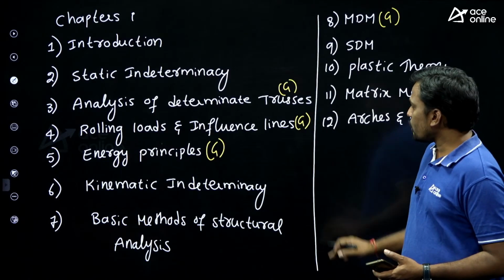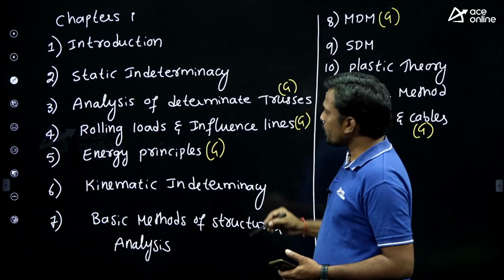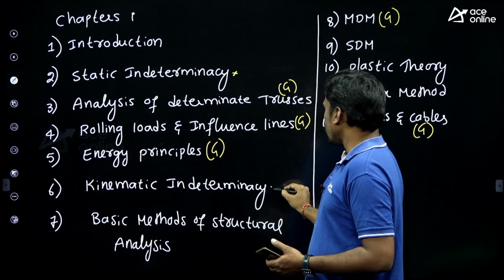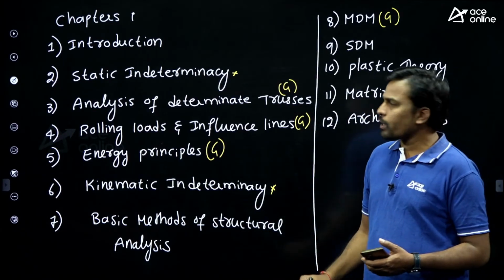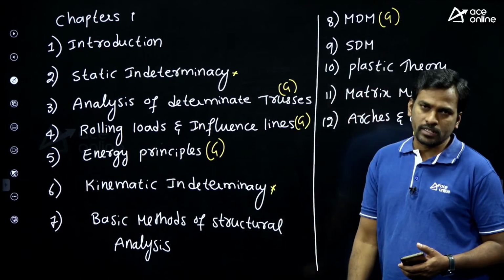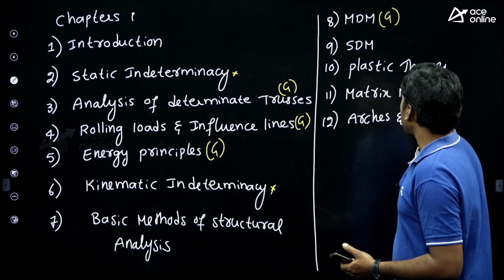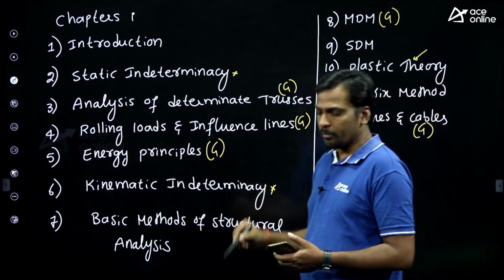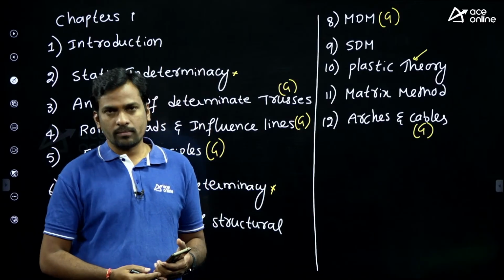Next important are static indeterminacy and kinematic indeterminacy. There is a possibility of a 1 mark question from the static indeterminacy and kinematic indeterminacy chapters. And students, this plastic theory actually is not in the structural analysis subject, it is in the design of steel structure subject.